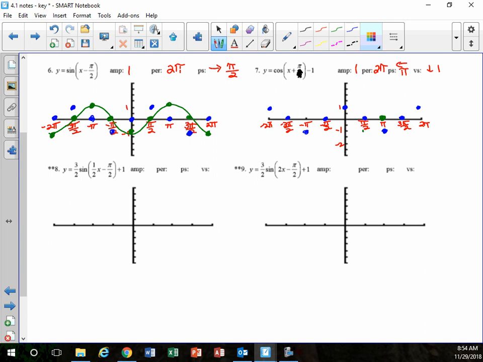Left 2, down 1. So this one, over 2, down. It's weird when you're going by 2 because you kind of have to go back to a dot to start, move over and down, back to a dot, over and down. So let me get all of these guys.